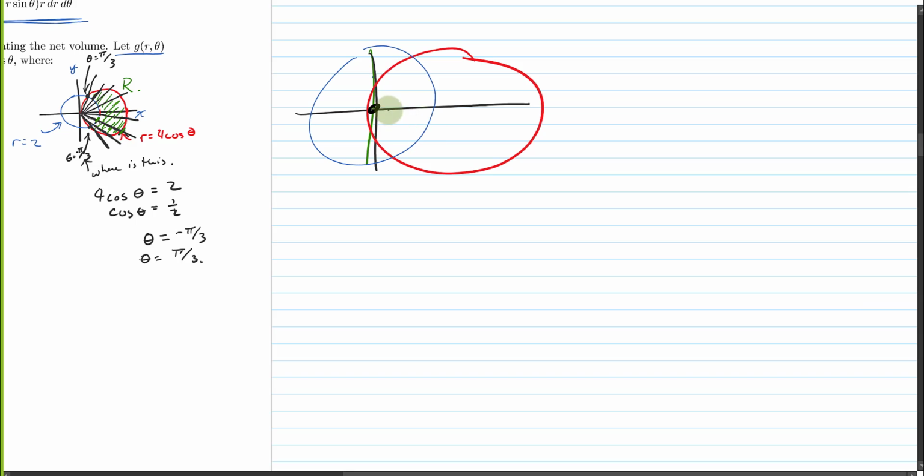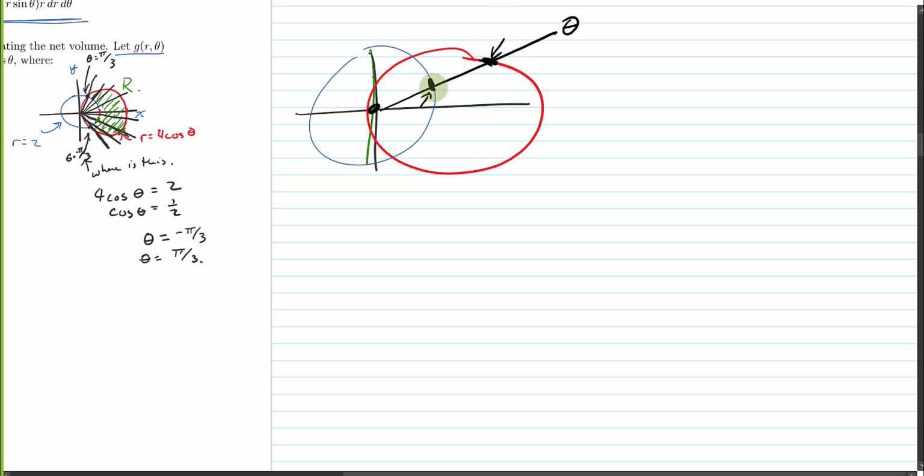Let's fix some theta, this theta right here. When do I want to start summing up the values in the region? I want to start summing when my r gets to here, and I want to stop summing when my r gets to here.